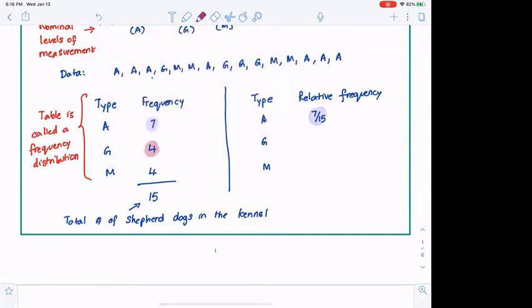G, we have 4, so 4 over 15. And lastly, M is also 4, so we would have 4 over 15. Since we divided everything by 15, the total will get divided by 15 too. So if we add all the relative frequencies, we should end up getting 1.